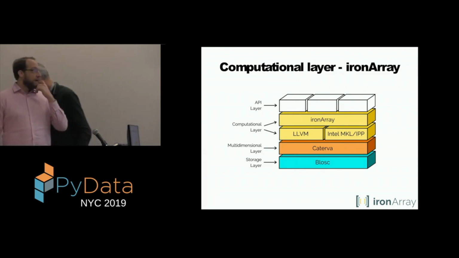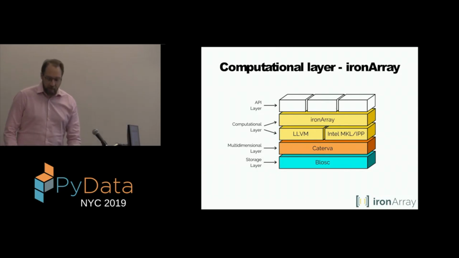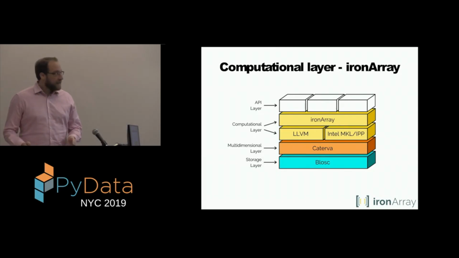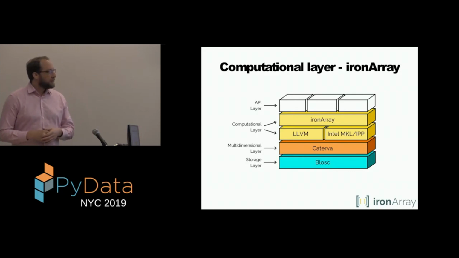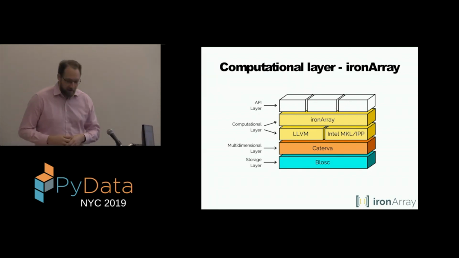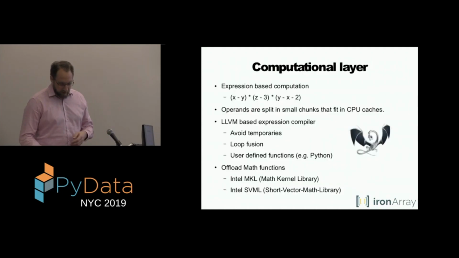Okay, so I will hand over now to Christian about the computational layer. Exactly. So I will talk a bit about the computational layer, because it's great if we can extract and store data very efficiently in memory, but I think what most of us really want to do is actually compute something. As you can already see from this layer, we're going to make heavy use of existing technology in order to be efficient.